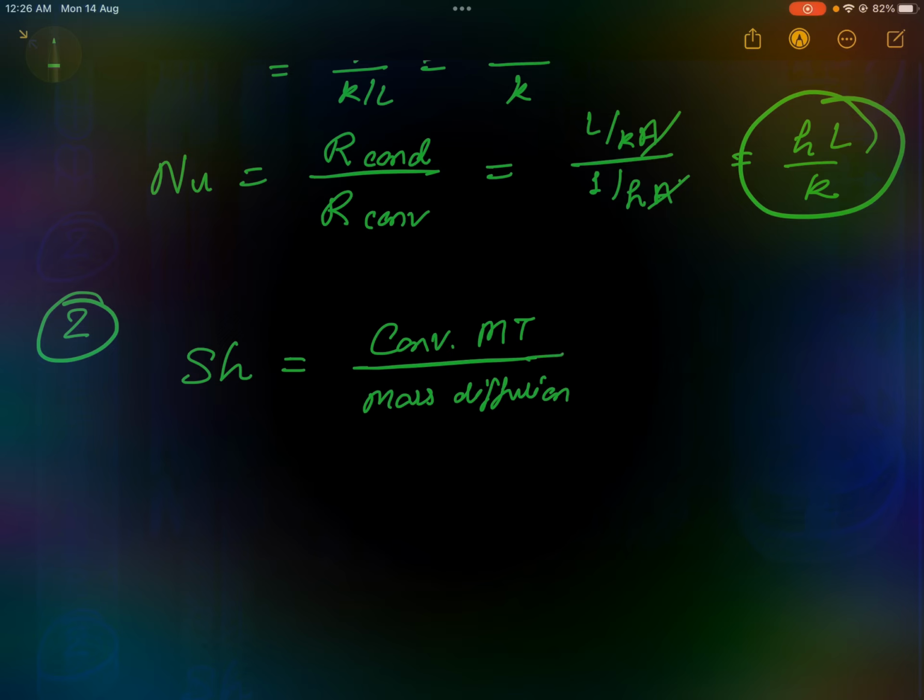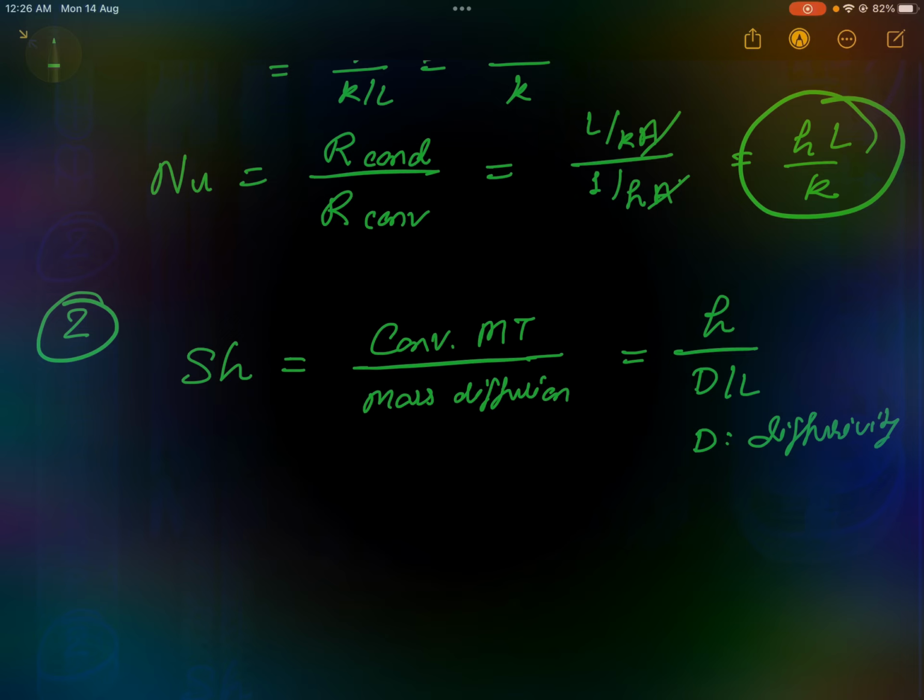It is somewhat like the heat diffusion through the conductor. It is also like the mass diffusion through some chemical reaction or some chemical reactant, where diffusion of the mass is taking place. So this can be written as the convection mass transfer, denoted by h, and mass diffusion rate is denoted by D upon L, where D is called diffusivity.